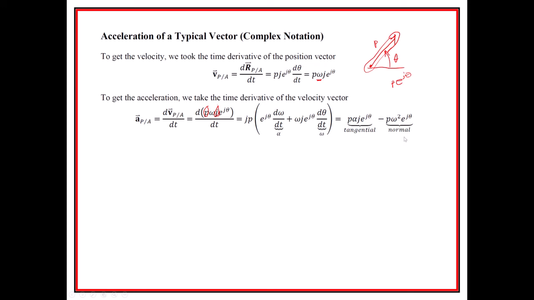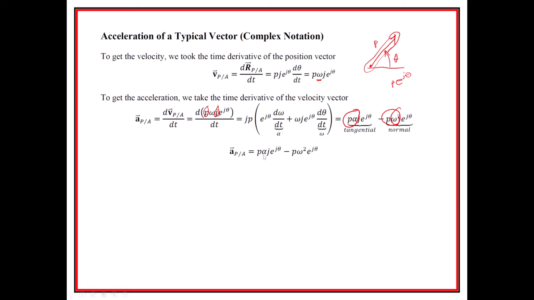And so you might recognize that what we have right here is alpha times r and then omega squared times r. So these are the tangential and normal components. Interesting how that turns out, and that negative comes out, which we should be familiar with from our review of acceleration in dynamics.